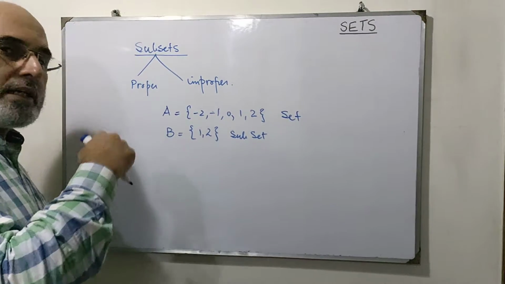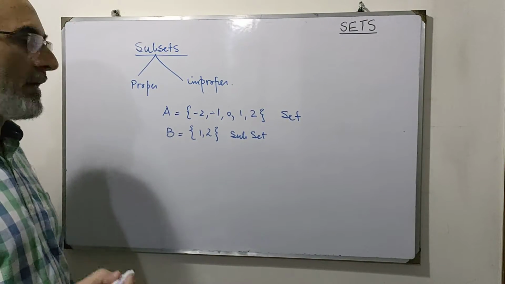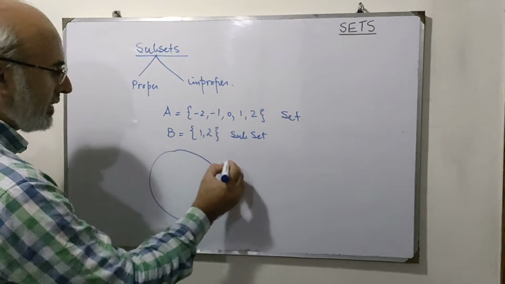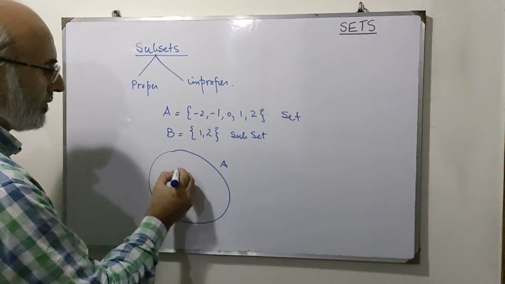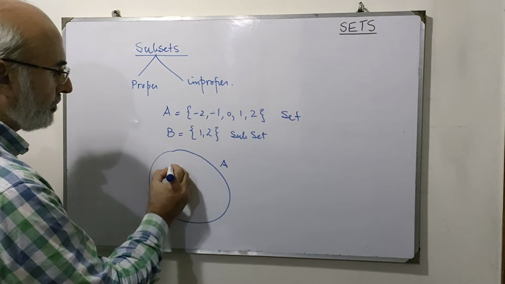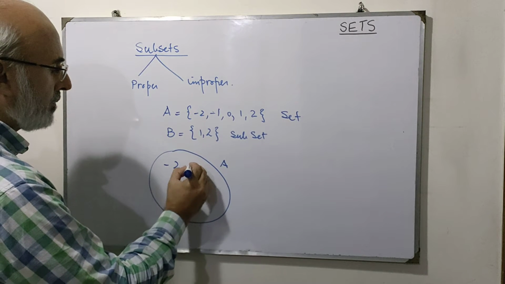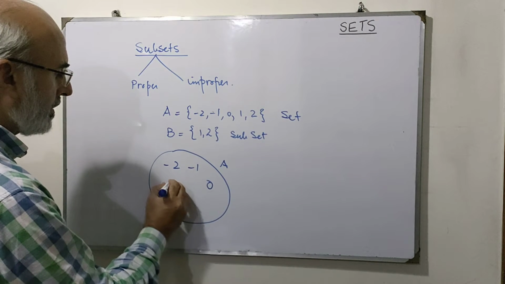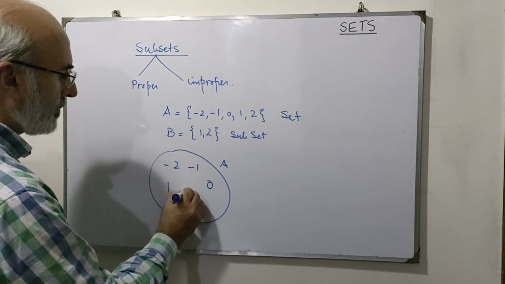Now let's represent this through a Venn diagram. This is A: -2, -1, 0, 1, 2.